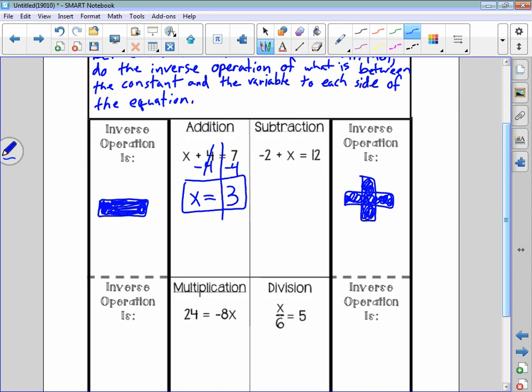But that negative 2 is what we're actually trying to get rid of. And the opposite of a negative 2 would be a positive 2. The 2's cancel out. I'm left with x equals 12 plus 2, which is 14.